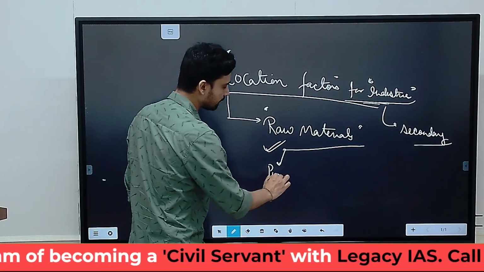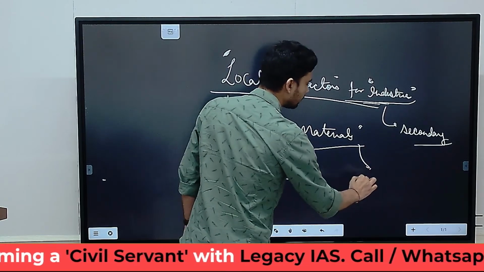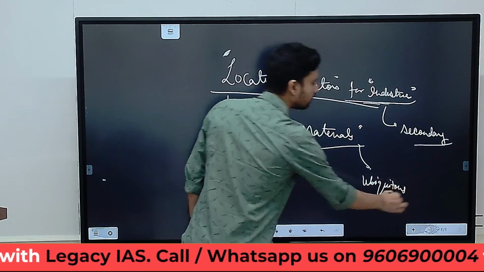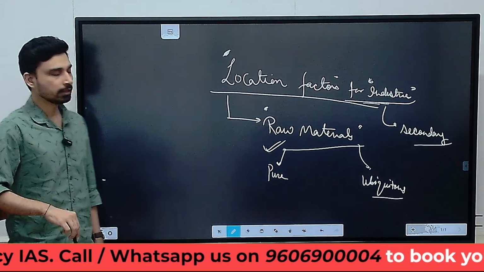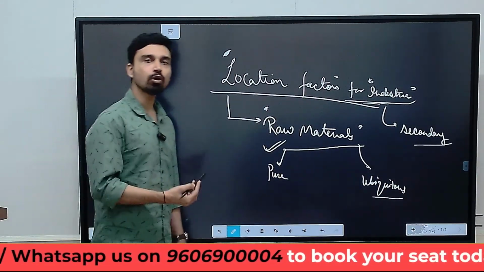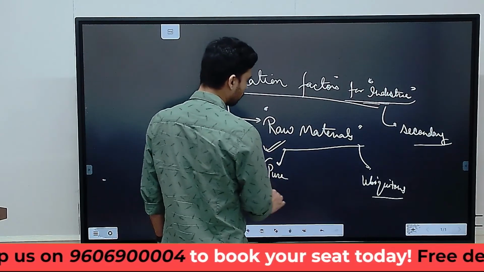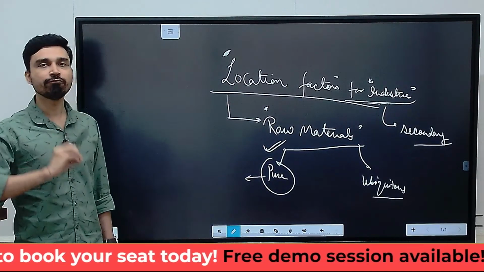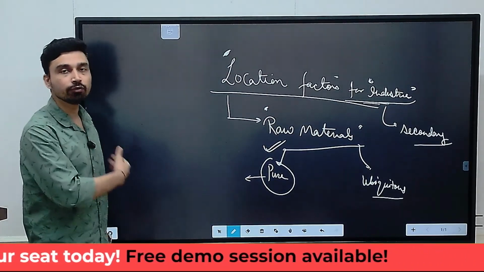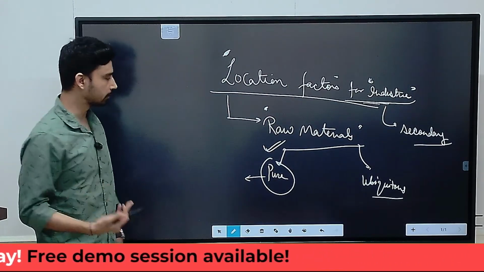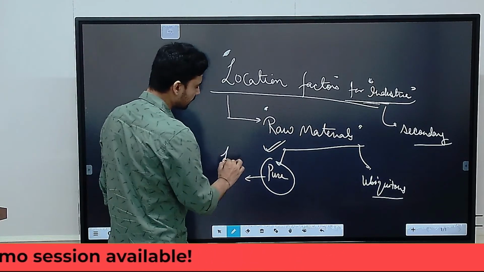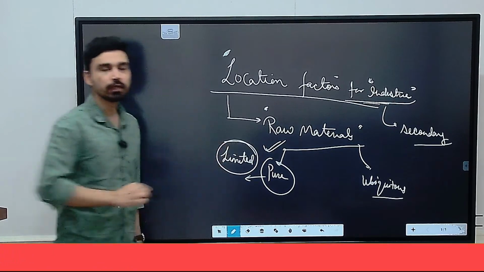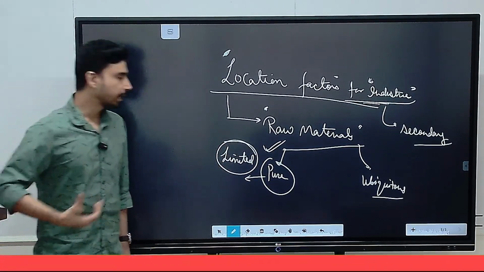One is pure raw material, and the other is ubiquitous raw material. Pure raw materials are raw materials that are found in only some fixed places. They are not distributed uniformly or equally everywhere on the earth, so they have limited presence in the world or in any particular region.